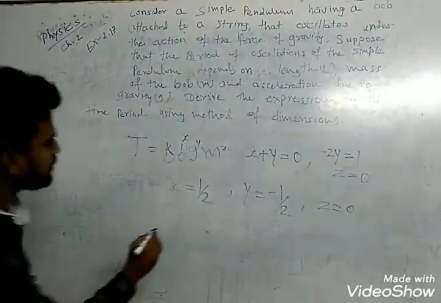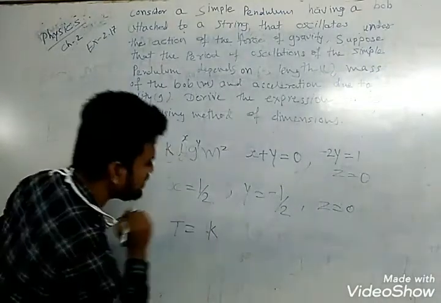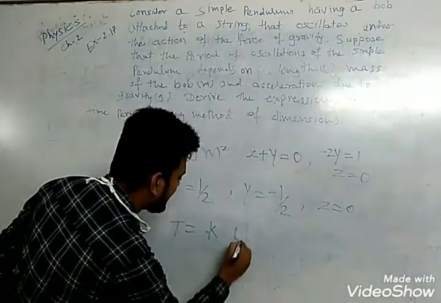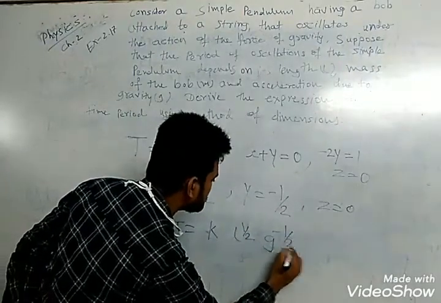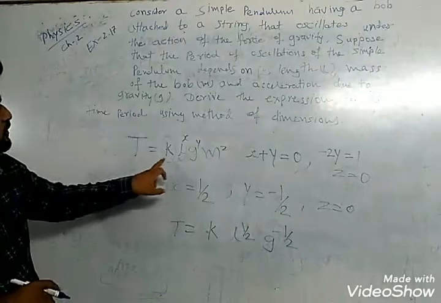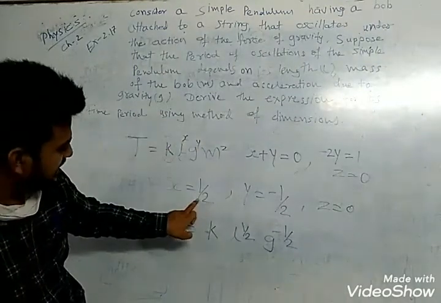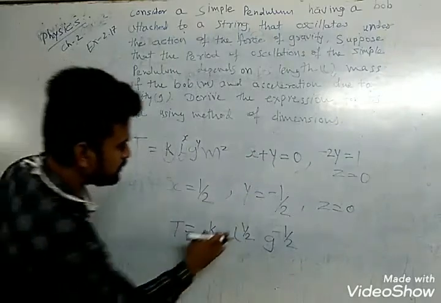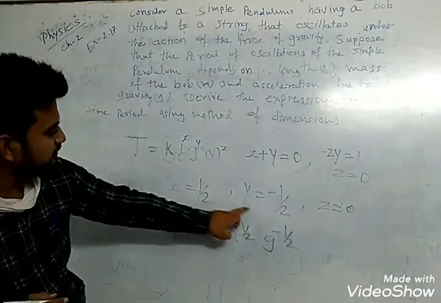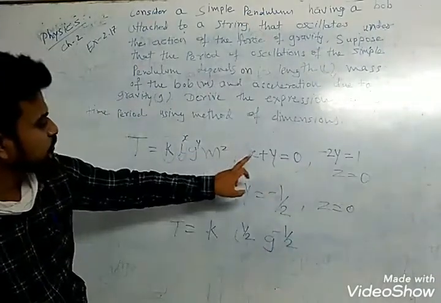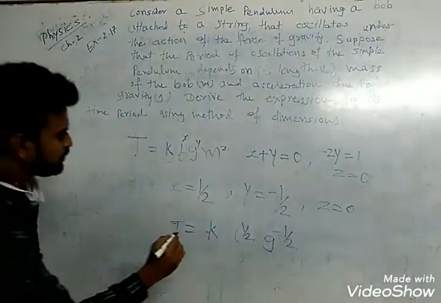Solving these equations, the final T is equal to k, a constant value, l^(1/2) g^(-1/2), because x = 1/2 for l, y = -1/2 for g, and z = 0 for m.